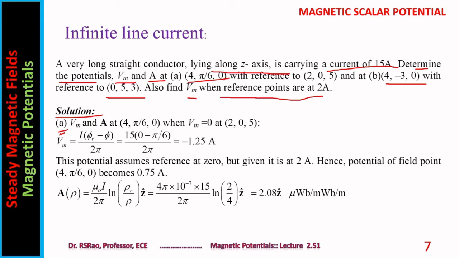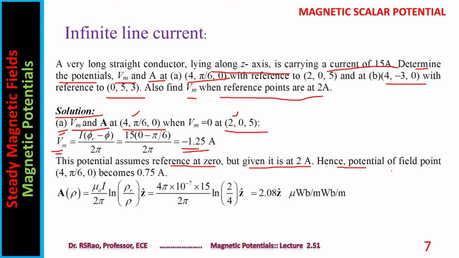Solution. Part A. First we consider A: Vm and A at (4, pi by 6, 0) when Vm is 0 at (2, 0, 5). So this is the reference, and this is the actual field point. Vm we have calculated in the previous problem: it is I (phi r minus phi) by 2 pi. Simple substitution gives the answer. This potential assumes a reference at 0, but it is given as 2 amperes.